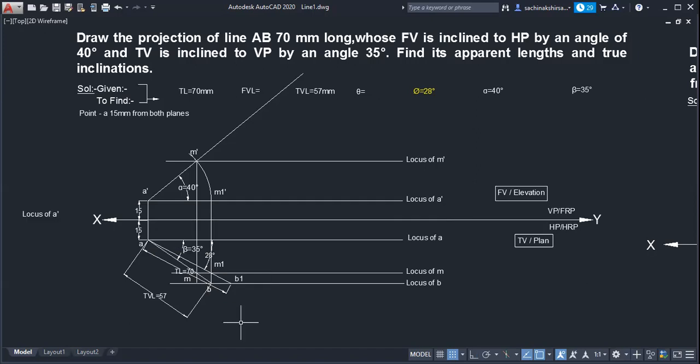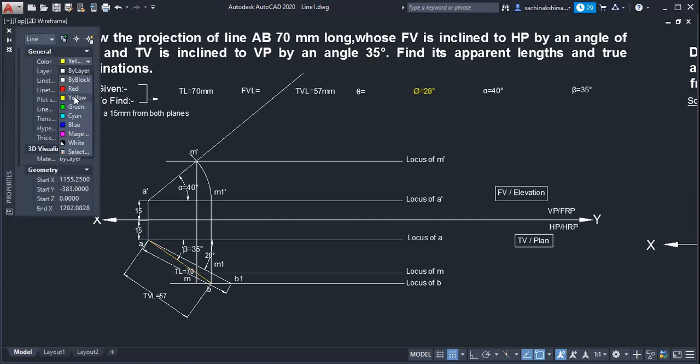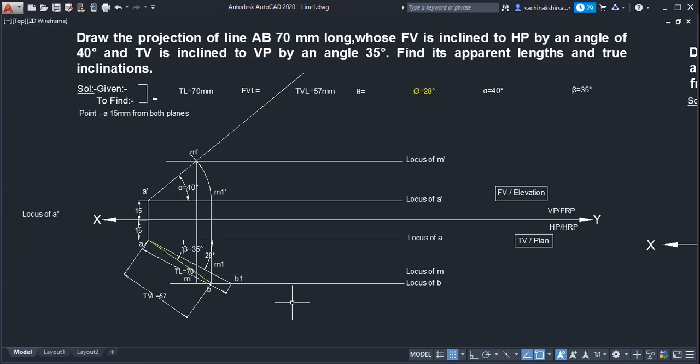If you go straight, for your information, this point I will make in some other color so that you will come to know that it is the top view of that line. Now from this B end, if I go straight in front view, which point will I get? B dash directly.